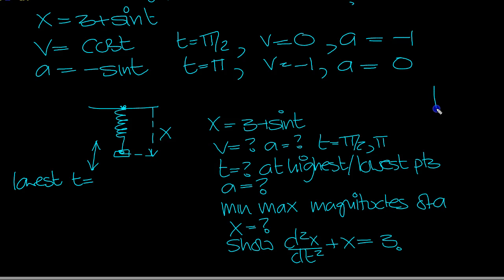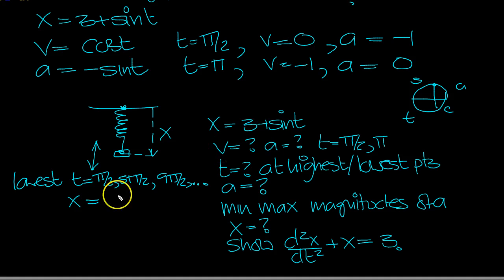Remember the sine curve? Here's the sine, CAST. So sine gets up to 1 here. So that would be the biggest value, and that would be when t is pi over 2, 5 pi over 2, 9 pi over 2, just going around one full circle. And x would be equal to 4.